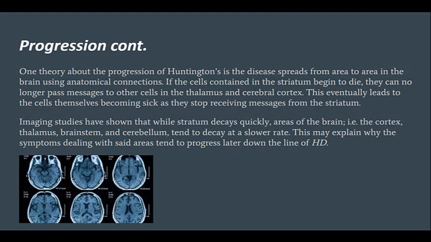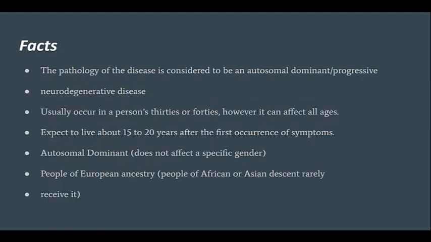Imaging studies have also shown that while the striatum decays quickly, the other areas of the brain, such as the cortex, thalamus, brainstem, and cerebellum, tend to decay at a slower rate, which may explain why the symptoms in those areas tend to progress later down the line as you have Huntington's.